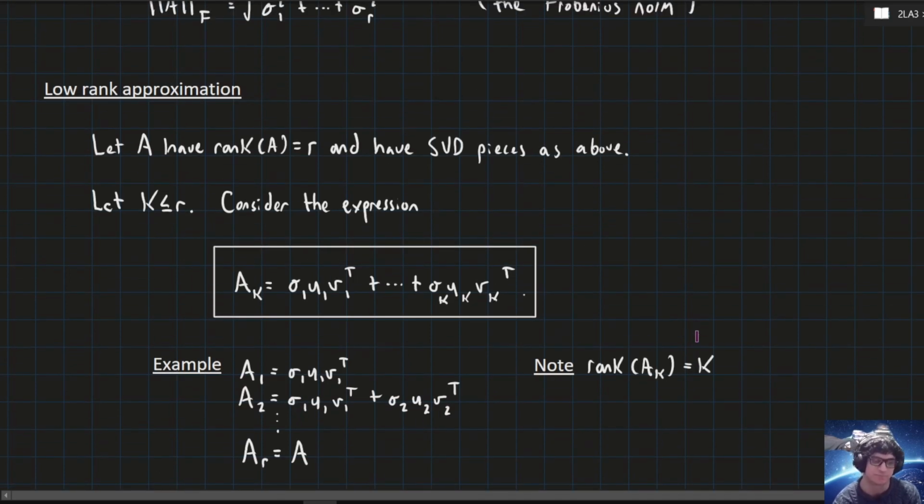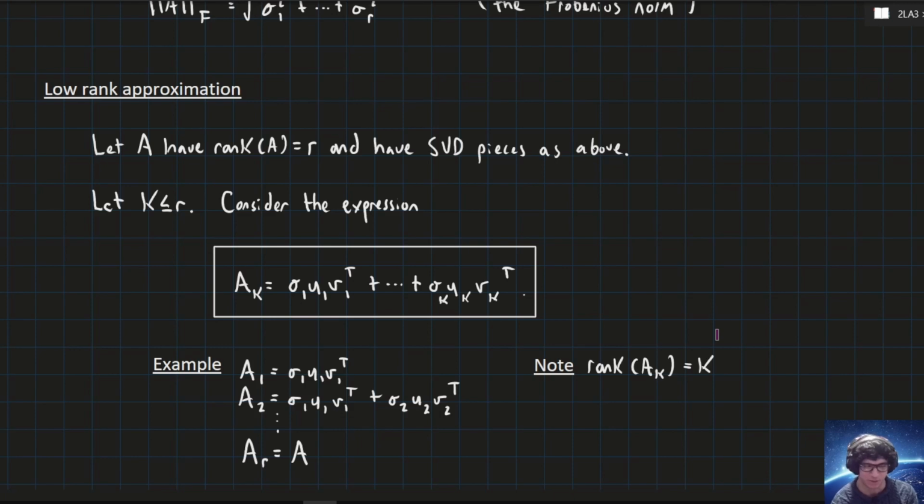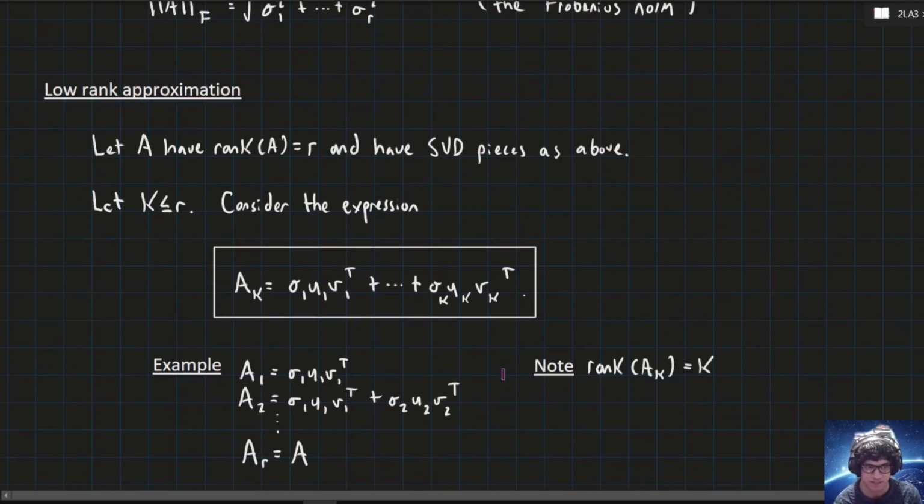In general, when you take the sum of matrices, the rank is not equal to the sum of the individual ranks. But in this special case for the SVD, when you sum up k many rank 1 matrices, the sum has rank k. That principle is not true in general. The SVD is special.